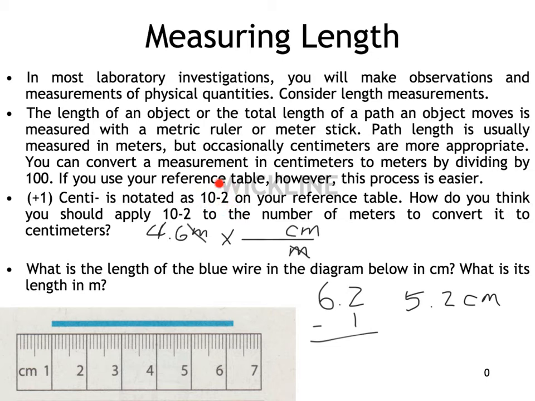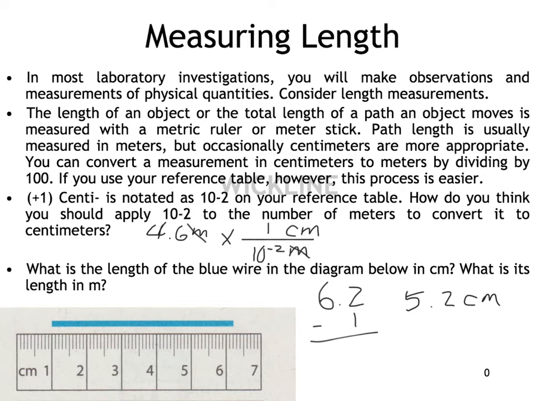You have less than 1 meter in each centimeter. So I'll say that one more time. 10 to the negative 2 means less than 1. So that means you have less than 1 meter in a centimeter. So what I'm going to write down is that in mathematical form, 1 centimeter is 10 to the negative 2 meters, indicating that you have less than 1 meter in 1 centimeter. But they're really equivalent values.